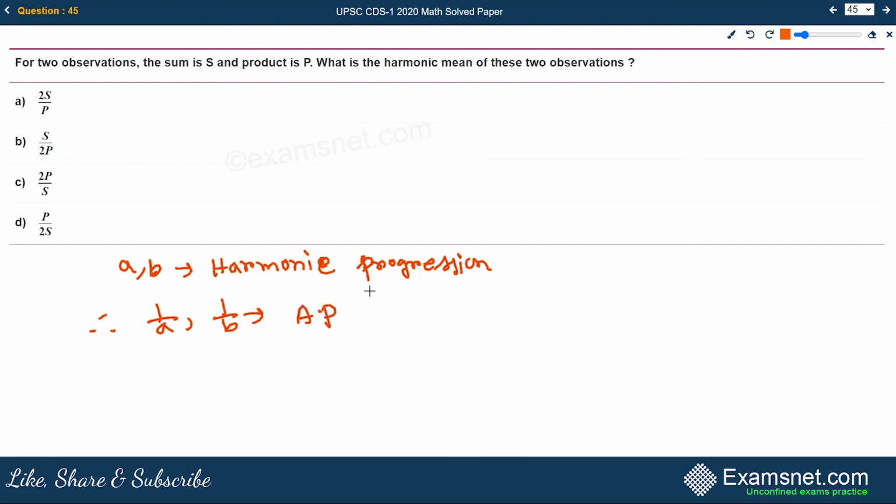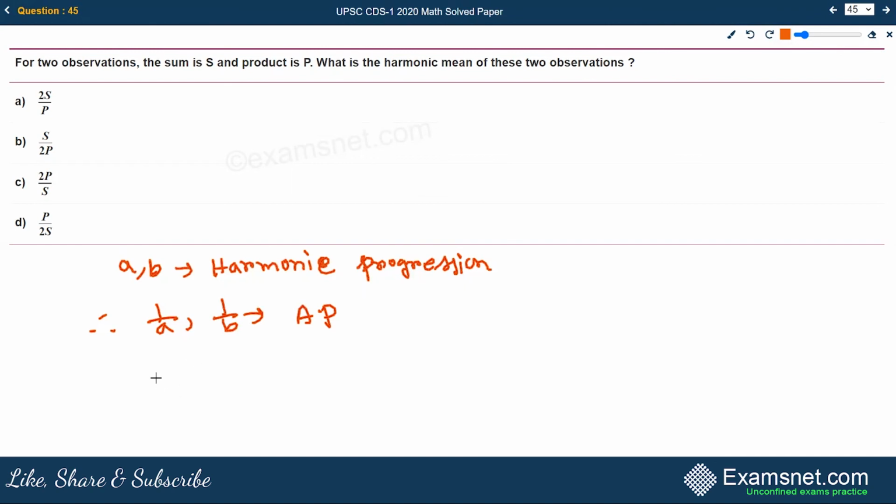Vice versa, if A and B are in arithmetic progression, then 1 by A and 1 by B will be in harmonic progression. So the observations that are in harmonic progression, their reciprocals must be in arithmetic progression.